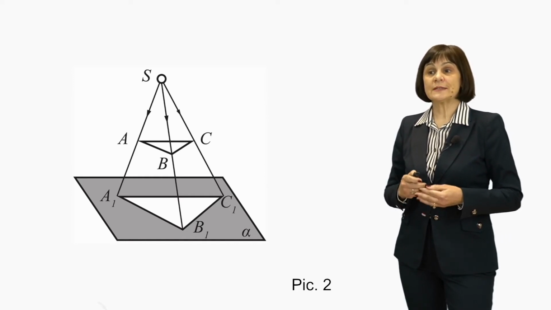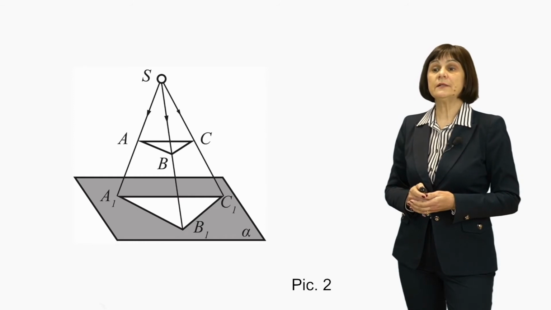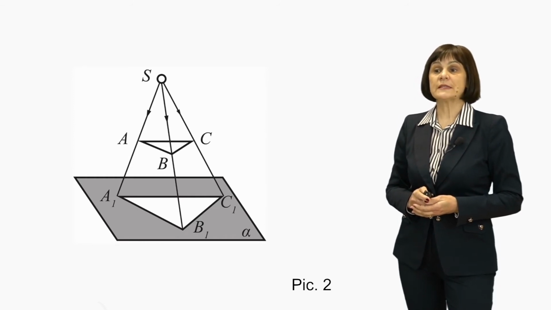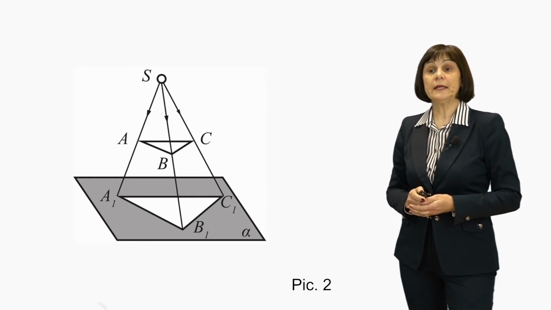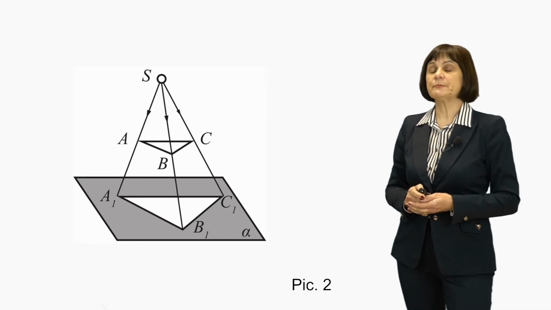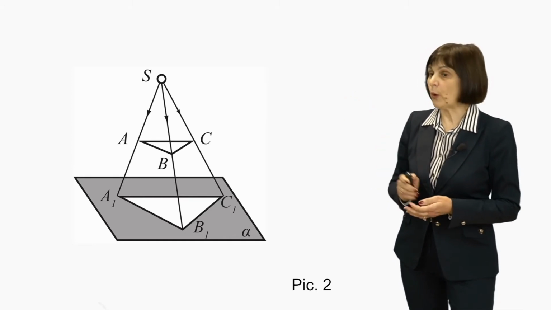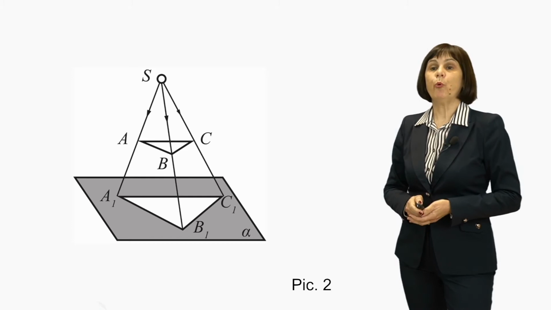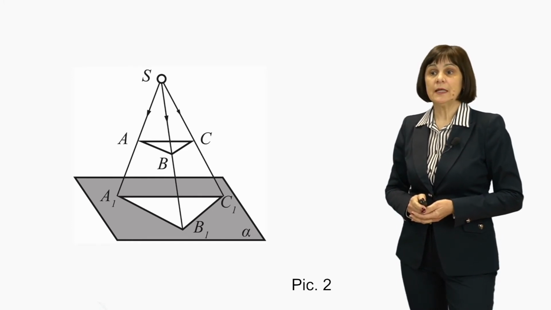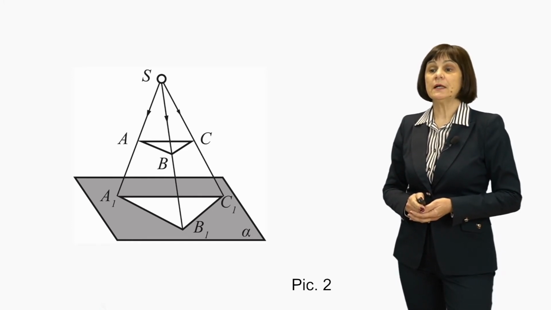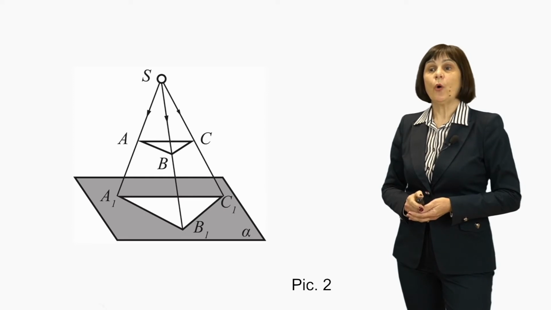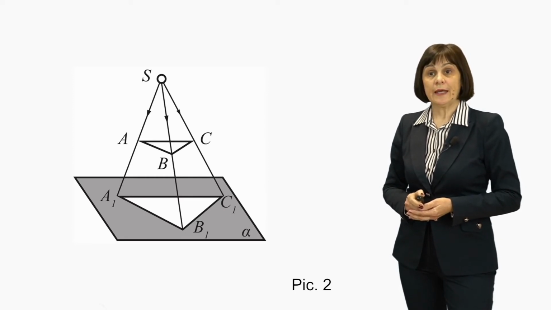We need to construct this line until the intersection of this line with the plane alpha at point A1. Point A1 is called the central projection of the point A.